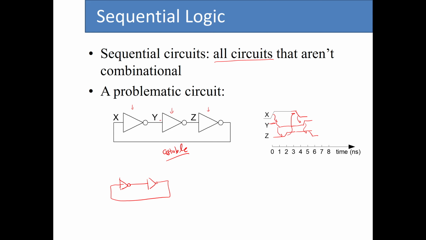That means that X, Y, and Z are basically switching back and forth between 1 and 0 indefinitely. Any circuit like this that has an even number of inverters connected back to back is a bistable circuit, but any circuit that has an odd number of inverters is an astable circuit. So keep that distinction in mind.